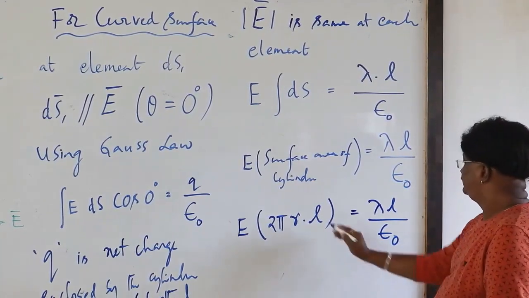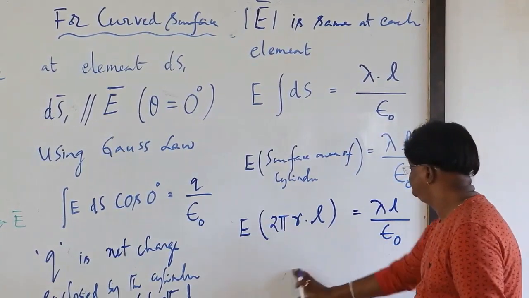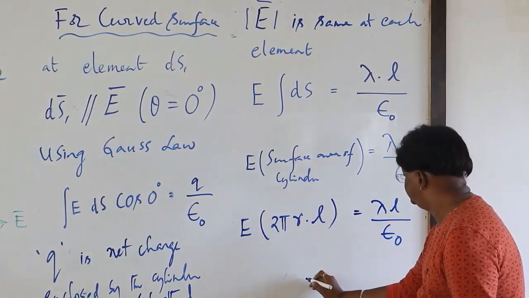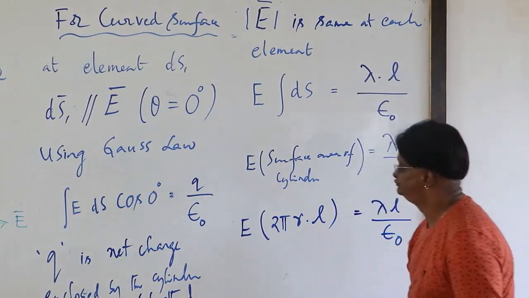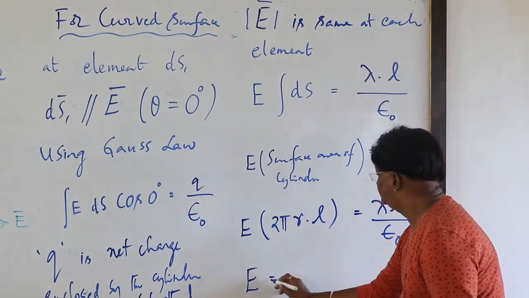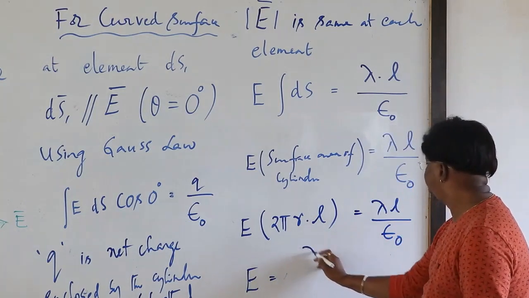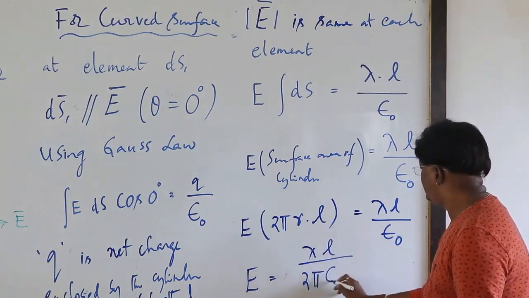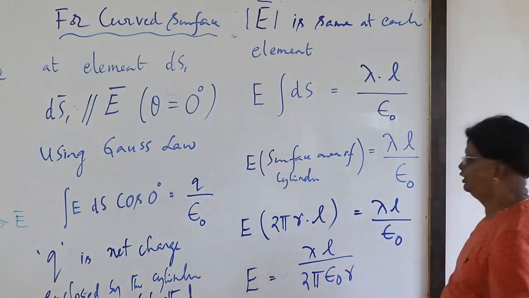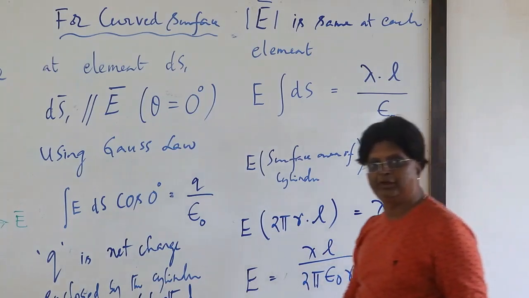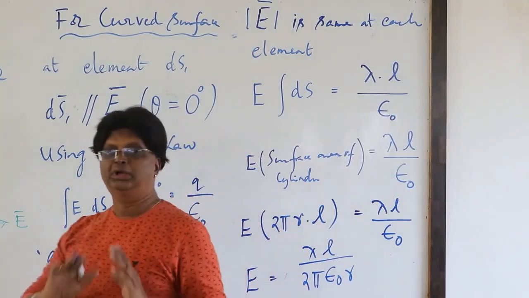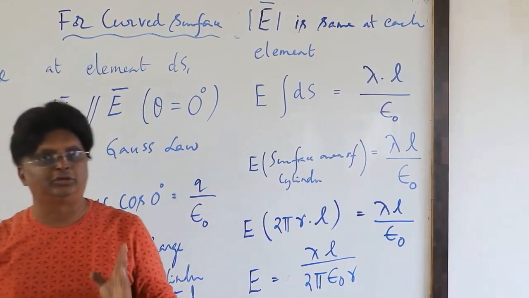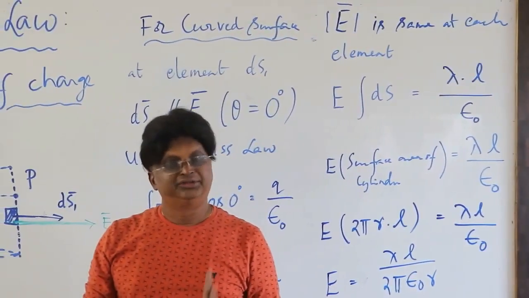Is it not? Therefore now you will mention this. E is equal to, what is the expression you got? E is equal to lambda L by 2 pi epsilon naught R. Now this is with respect to the curved part of the Gaussian surface, right?